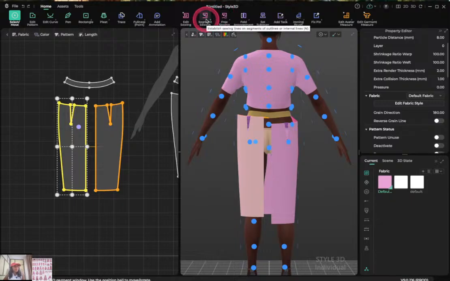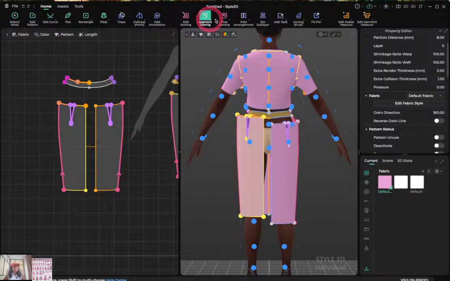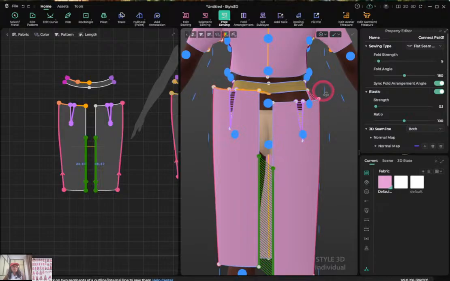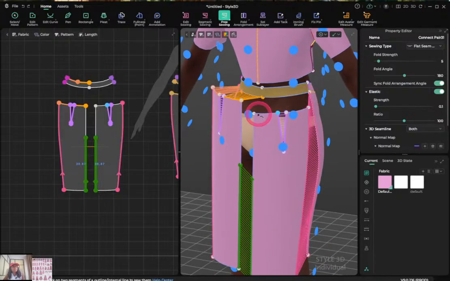Now because I'm going to add a zipper, I'm going to do only segment sewing. I'm going to do only free sewing, so basically from here to there, and then from here to there. And when it comes to here, I'm going to do the same from here. No, but for here I have to hold the shift button, shift from here to here, from here to here.